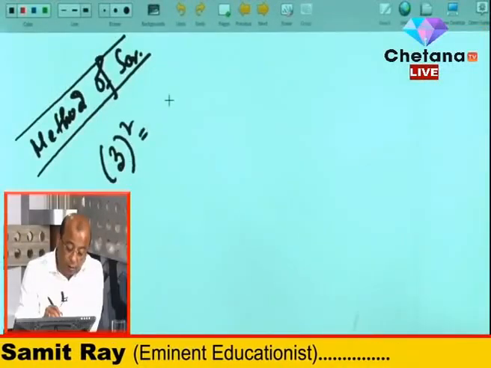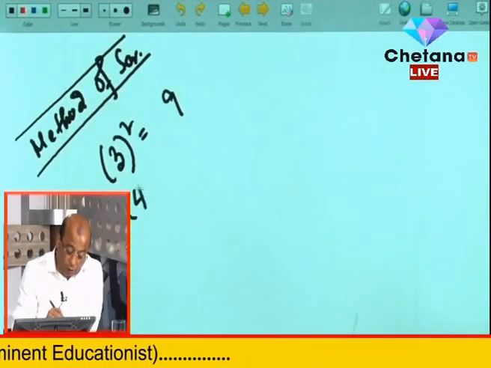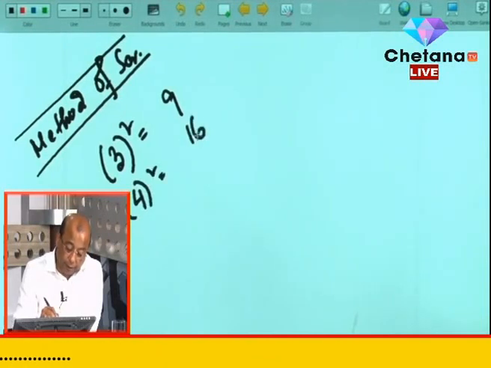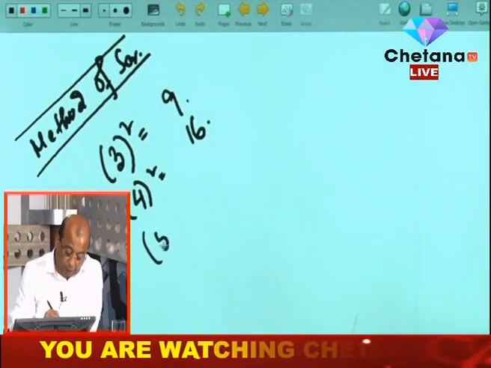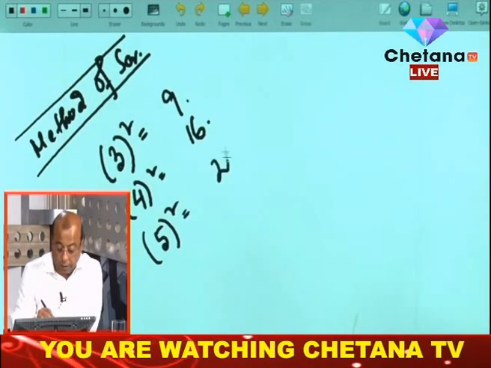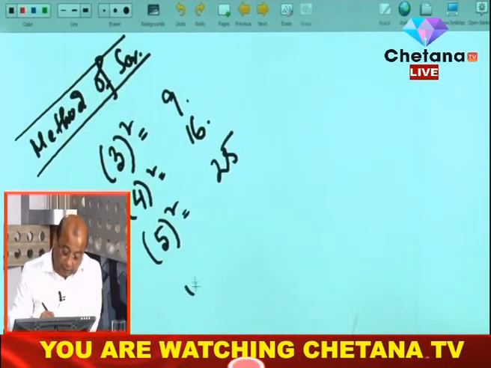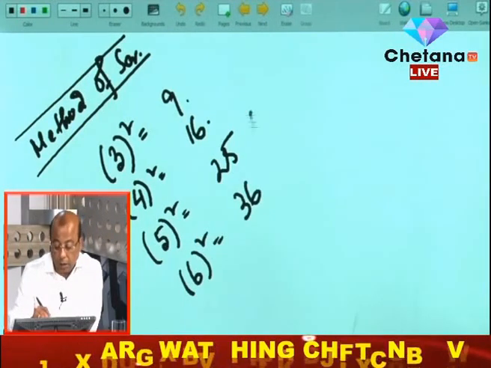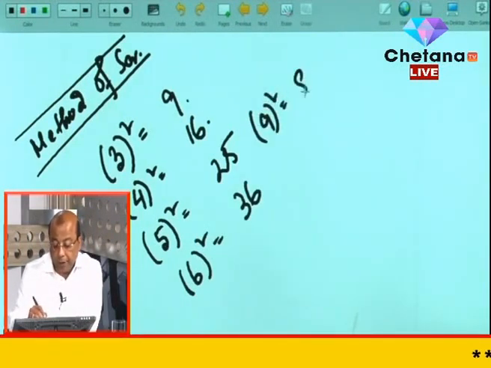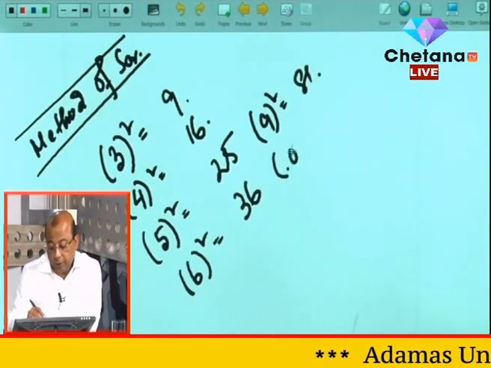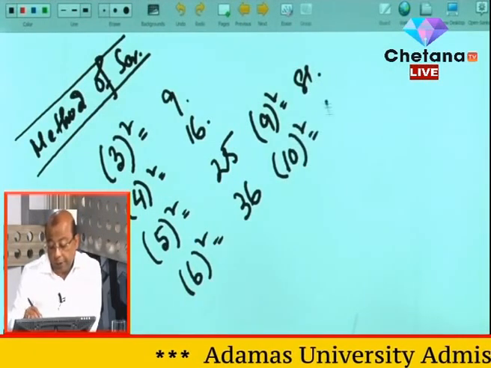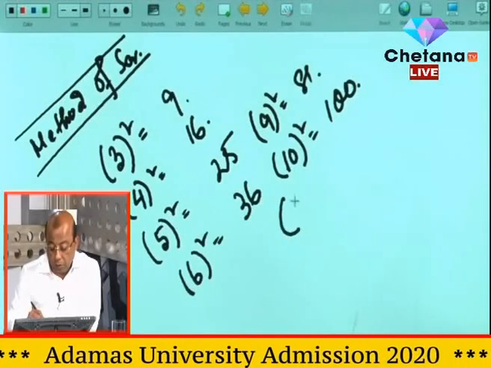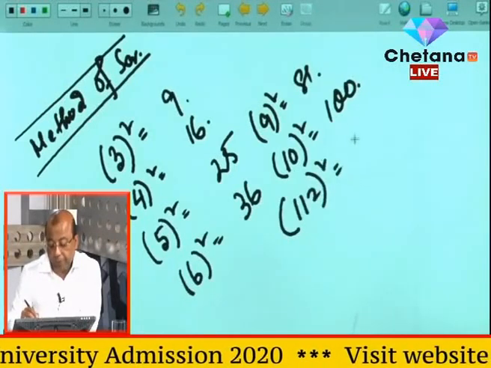Where we will apply these methods, we know 3 square is 9, 4 square is 16, 5 square is 25, 6 square is 36, 9 square is 81, 10 square is 100, but 112 whole square?